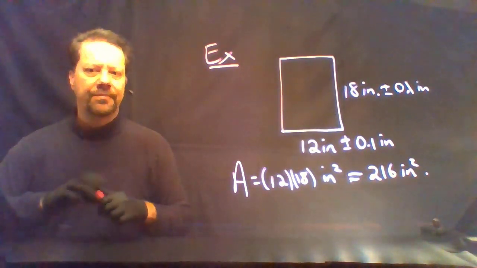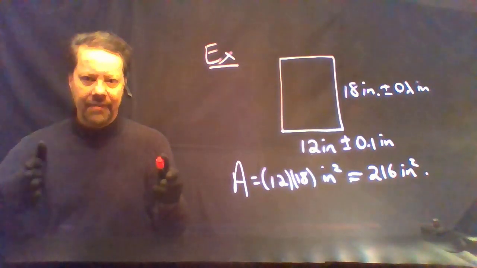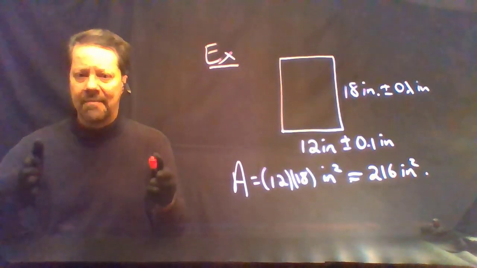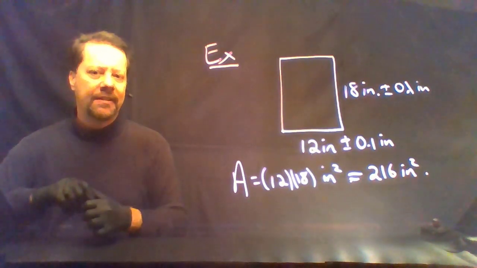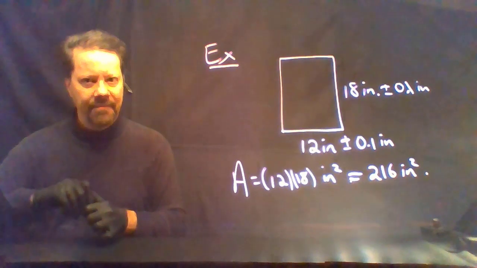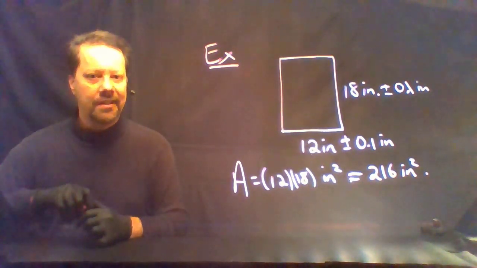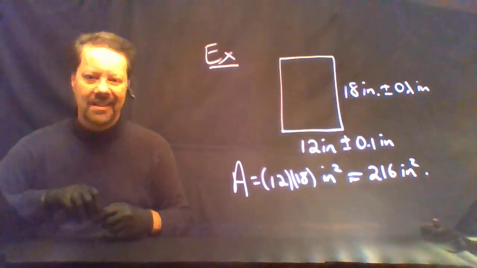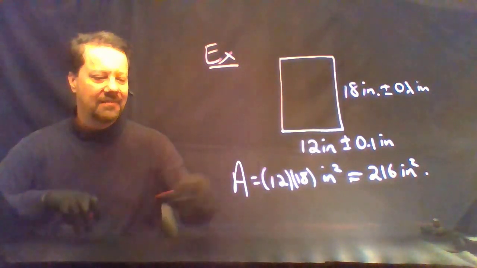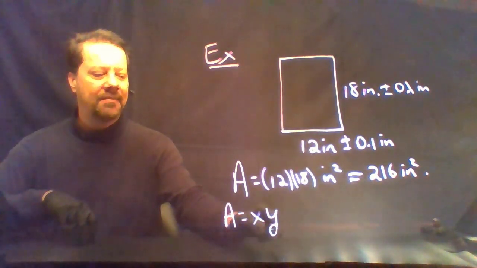However, we could incur some small error in these measurements. After all, every measurement is only good to within the accuracy of the instrument that you're using to make that measurement. A fundamental property of measurement is measurement error, and this must be acknowledged by all scientists and engineers. So, how good is this area calculation? The area formula generally is x times y.